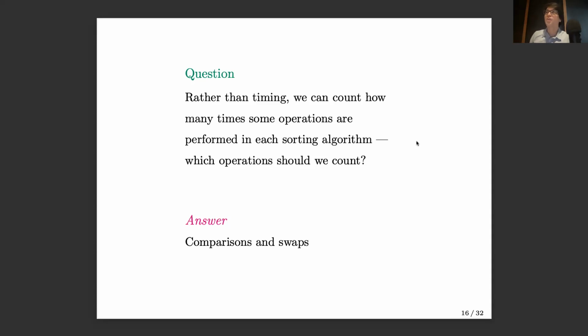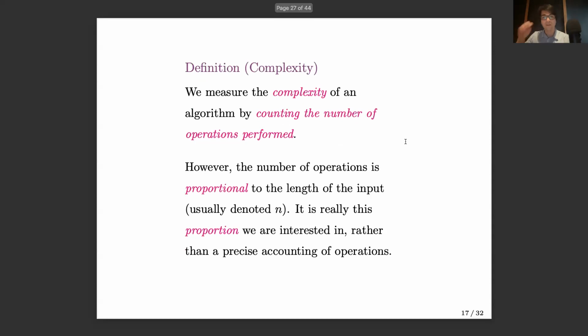What I want to know is, supposing that it costs 100 seconds to sort a list of length 100, how much will it cost me to sort a list of 1,000? That's just a question about proportionality. I don't really care about the timing. I want to know, do I expect to wait twice as long to sort a list that's twice as long? Or do I expect to wait 4 times as long? These are the types of questions that complexities are going to answer.